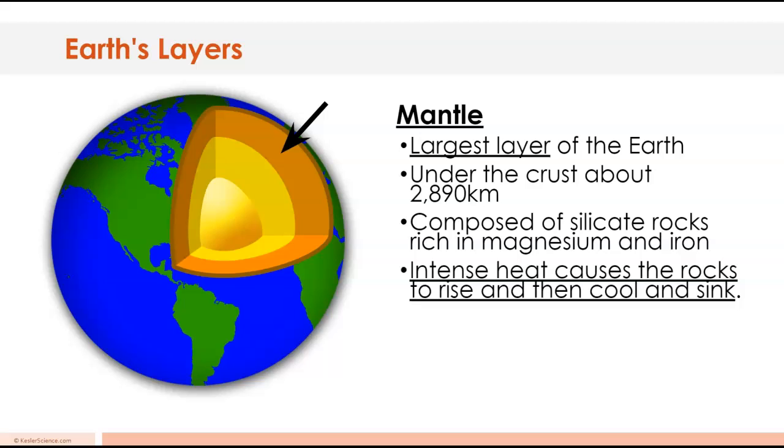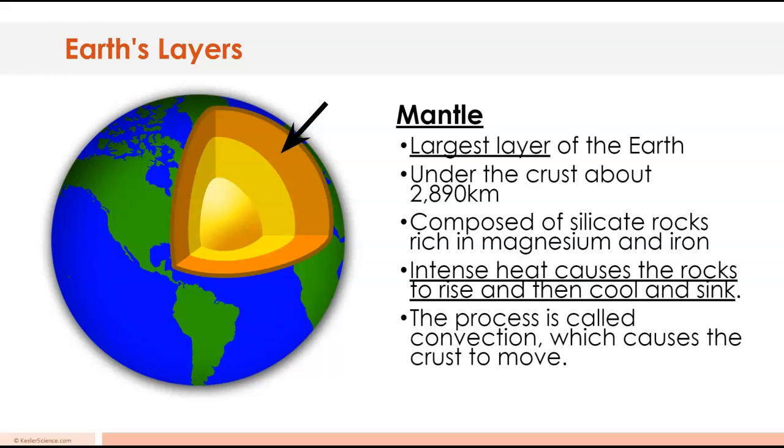Intense heat causes those rocks to rise and then cool and sink. So we talked about that last week with the convection currents that drive the motion of the plates. So the average temperature is about 3,000 degrees Celsius, which is pretty darn toasty. Go ahead and hit pause and copy down those notes about the mantle. Everything you see underlined.